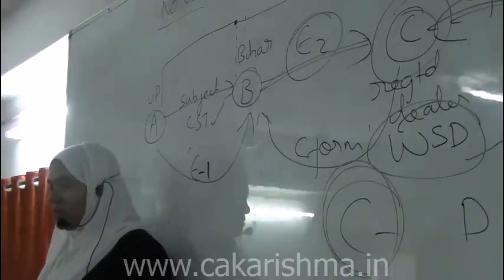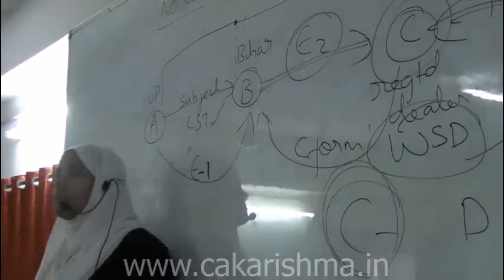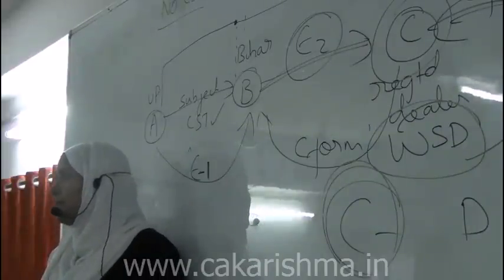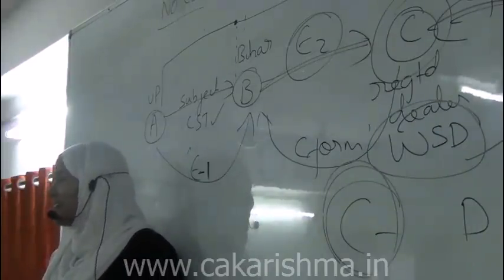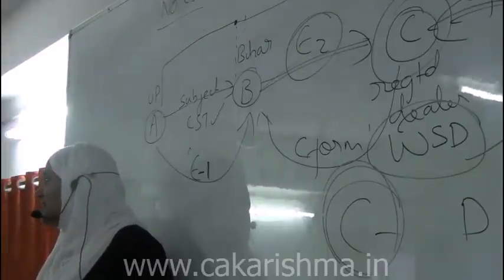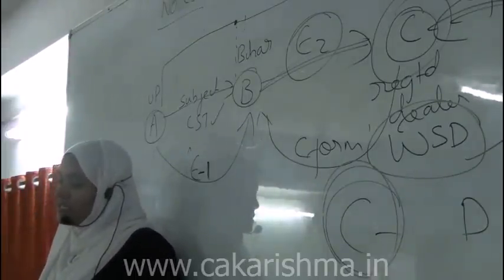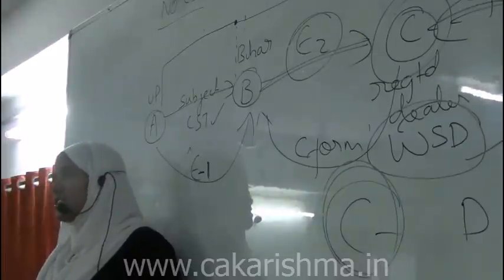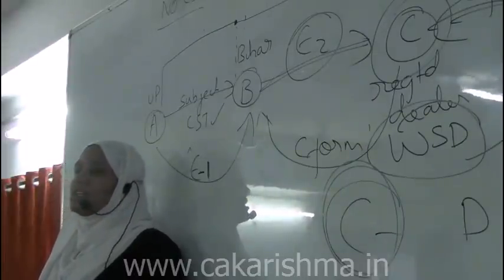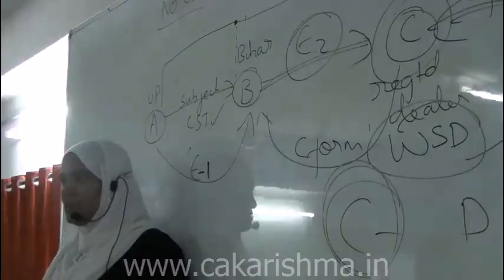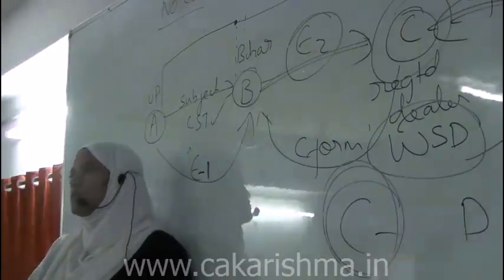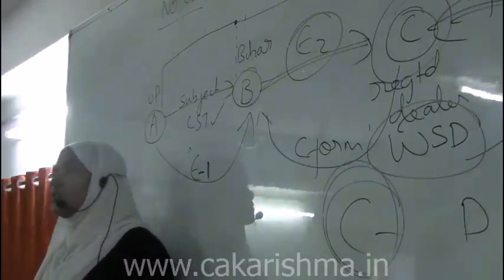If you try to understand, what is the definition of a private limited company? Which is not a public company. So here also what we are trying to understand: sale outside the state means what? Whatever is sale inside the state cannot be outside the state, and the other way around.